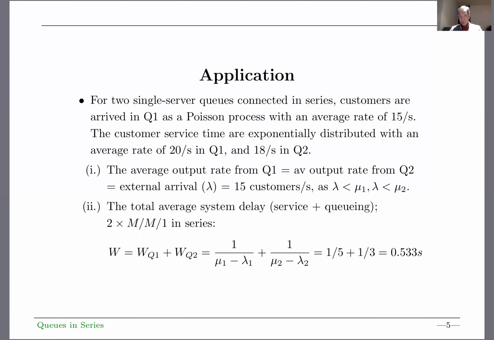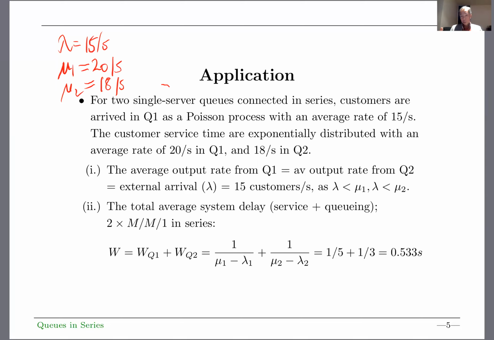In the example, we have two single server queues connected in series. Customers arrive at Q1 as a Poisson process with lambda equal to 15 per second, mu 1 is equal to 20, and mu 2 is equal to 18 per second. That is 18 departures per second against 15 arrivals per second. If you want to know the arrival rate of the first queue, lambda 1, of course that is 15 per second.